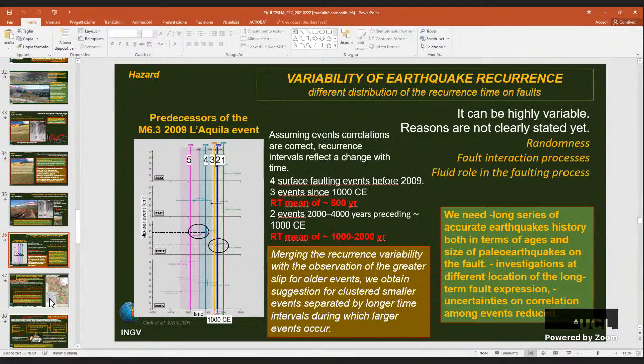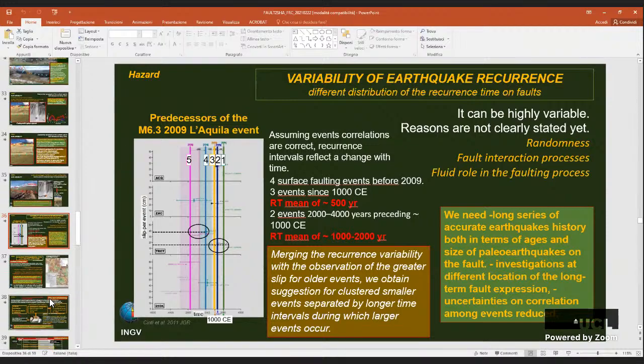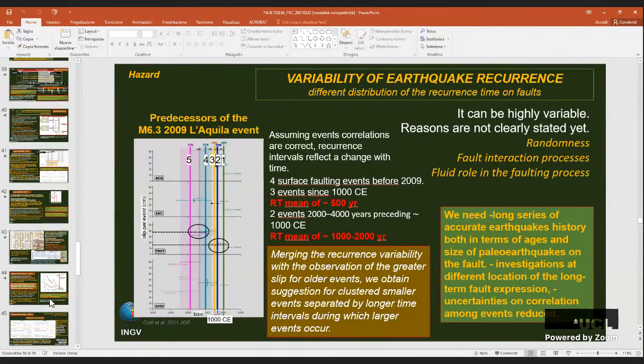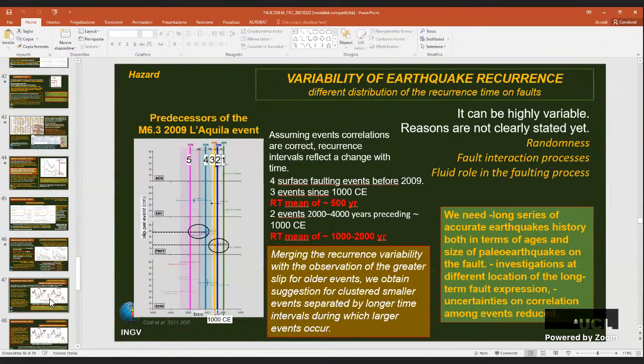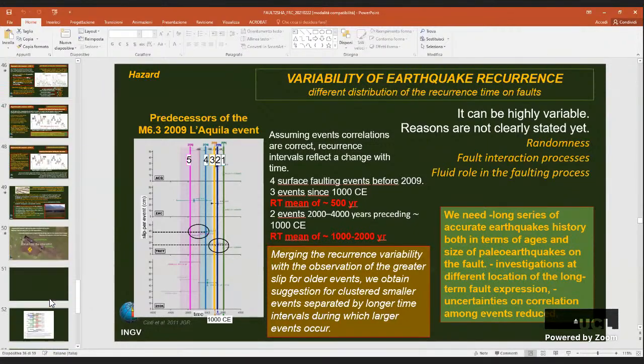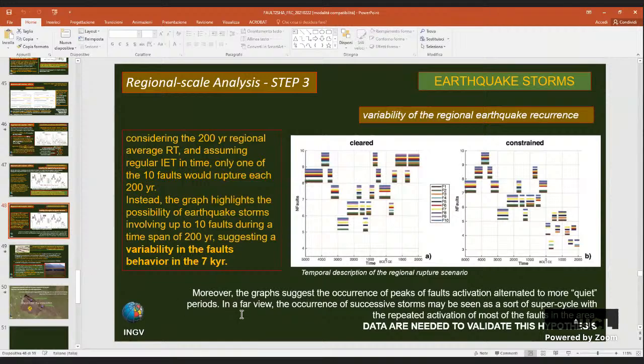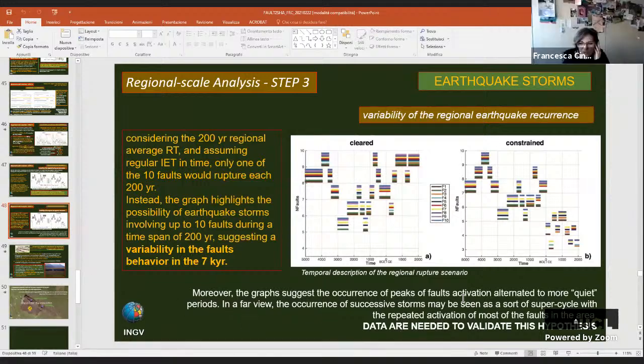Since you have this large amount of data, you can see this clustering. I'm not sure if I answered in the correct way.